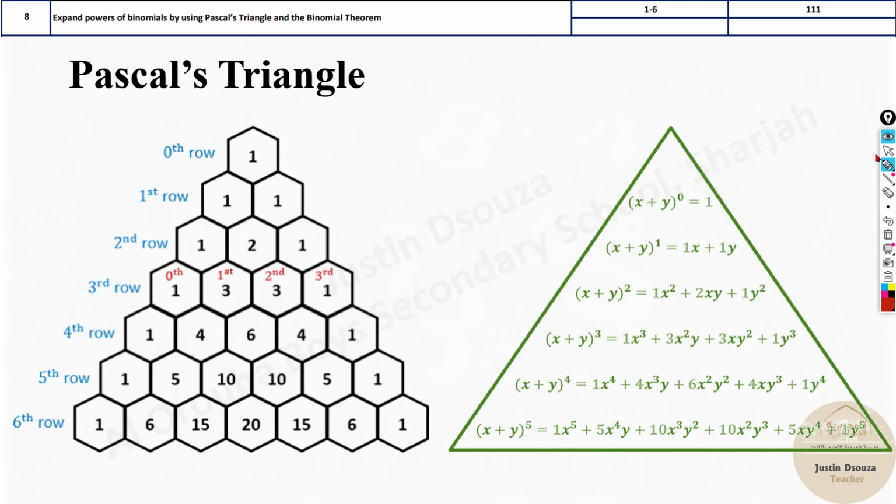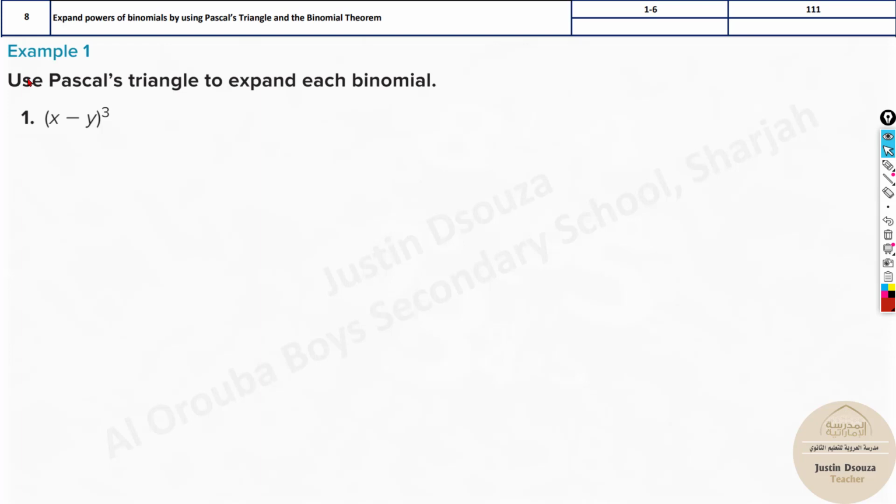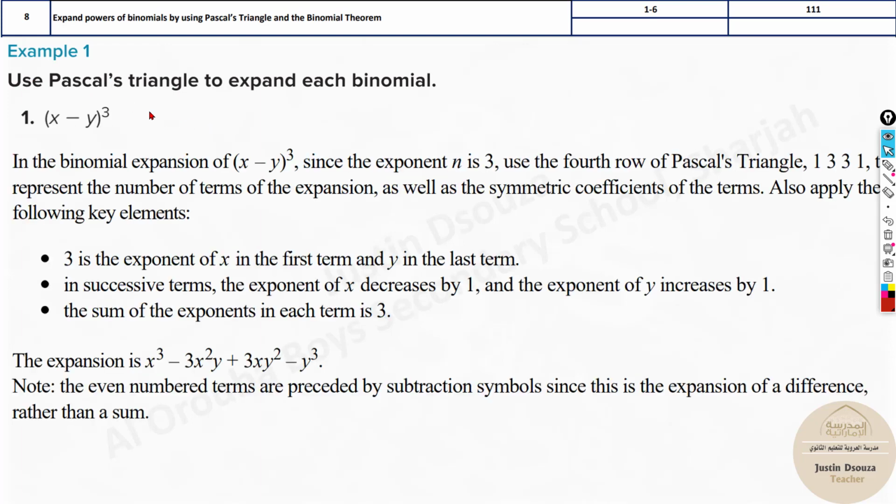Now if you know that, you can just use that same thing. But see over here they have mentioned to use Pascal's triangle everywhere. So you can just use the same concept and easily expand it. Now here, if you know the formula for x minus y the whole cube, we have done it a while ago. So it would be x cube minus, okay, I'll tell you why it's minus.